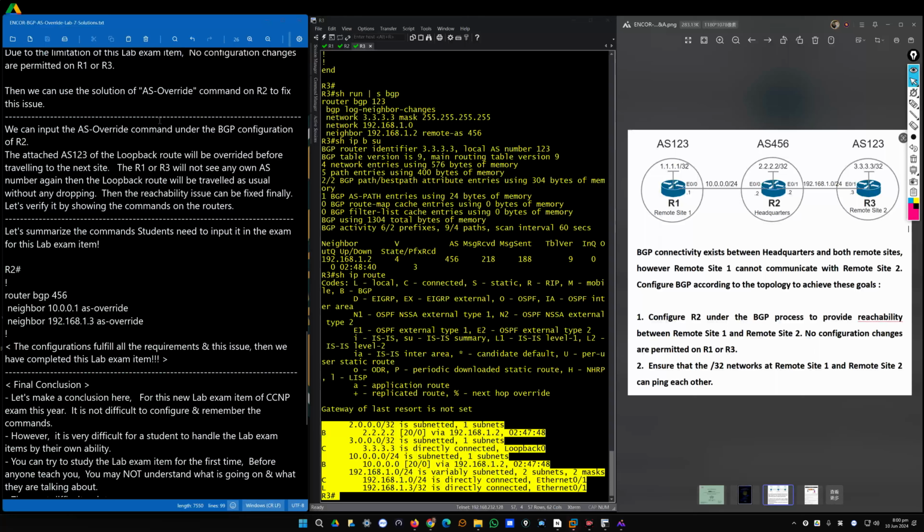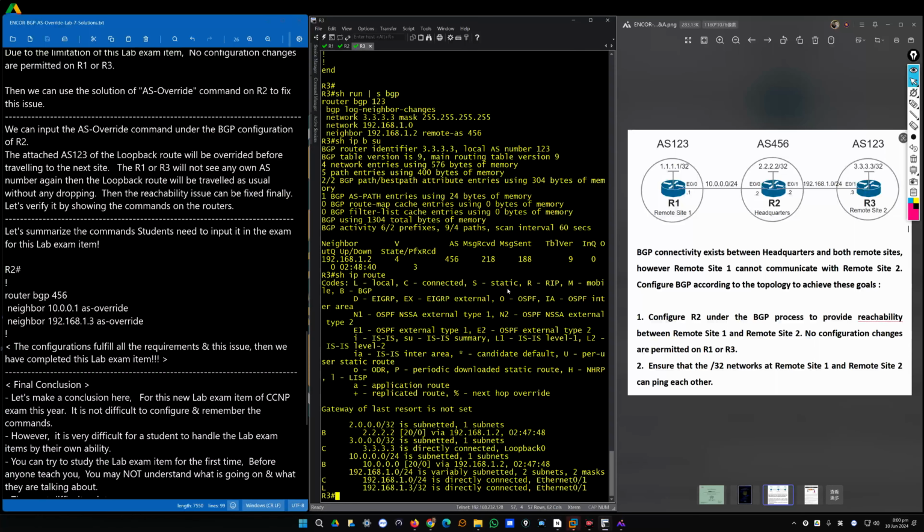The attached AS number 123 of the loopback route will be overridden before traveling to the next site. R1 and R3 will not see their own AS number again. Then the loopback route will travel as usual without any dropping, and the reachability issue can be fixed.